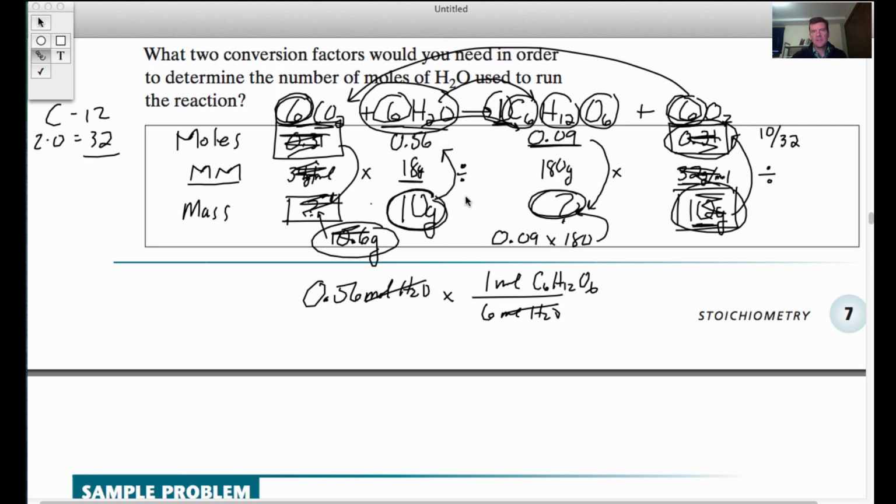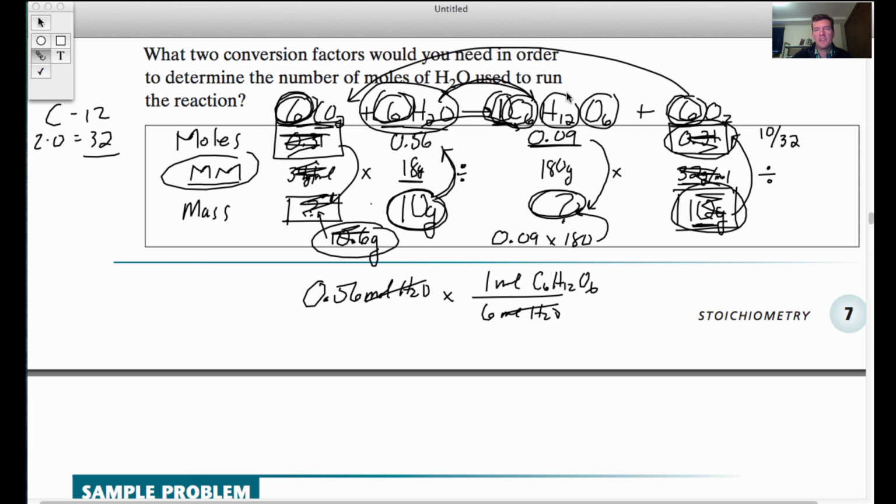Okay? And we could fill in any box we wanted to just by using molar mass to go between mass and moles. Remember, to go from mass to moles, you divide, or to go from moles to mass, you multiply by the molar mass. And then to go from moles of one to moles of the other, you use the mole ratios, these coefficients.